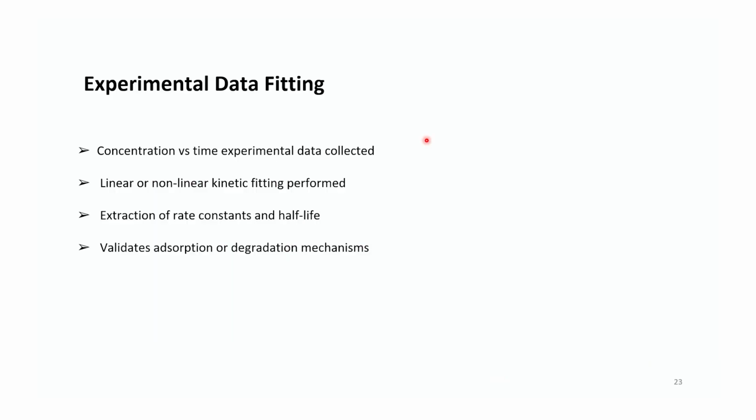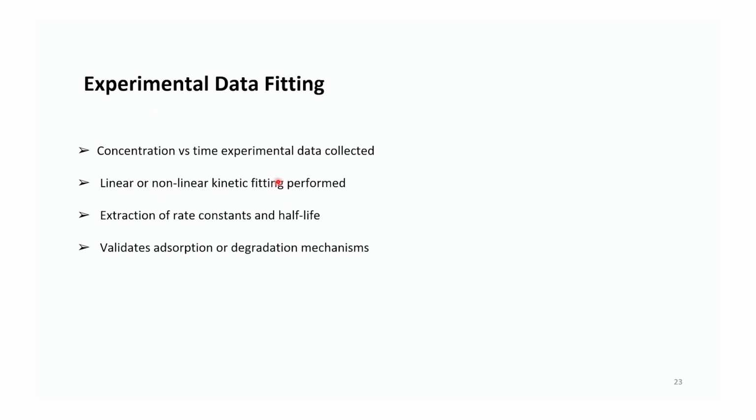Experimental data fitting. Let's say you're performing an experiment with crude water contaminated with a dye. You take the concentration versus time experimental data, and then you make a plot.